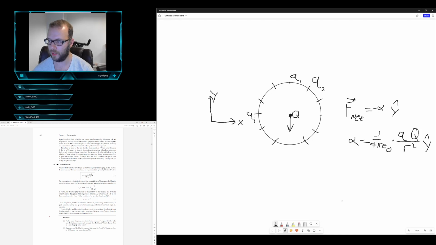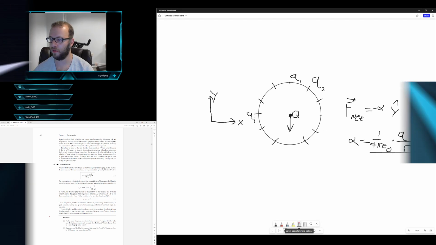Actually, the way I have this written, alpha is just this. So alpha is not a constant. It is dependent on the distance r. So that was my mistake. But it is proportional to the size of the two charges and the distance between them. So, there we go.